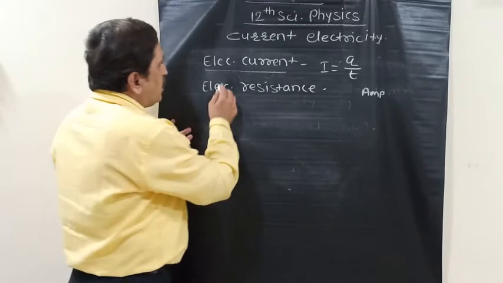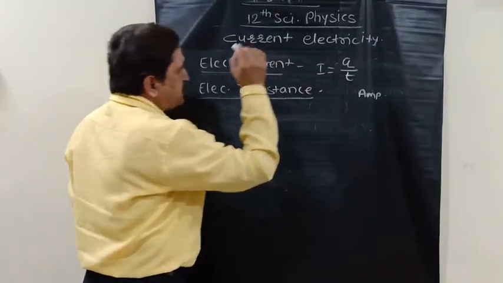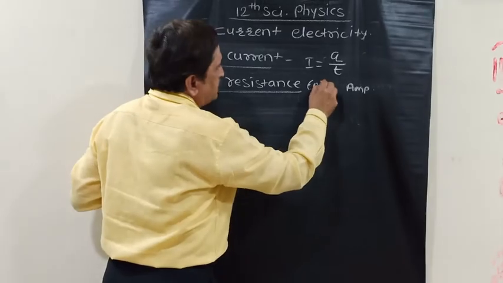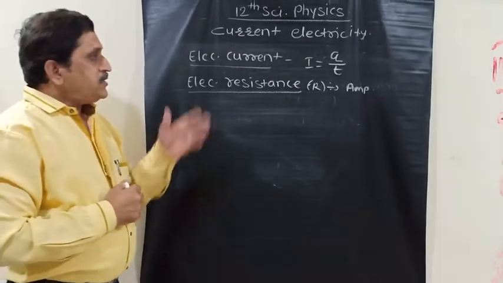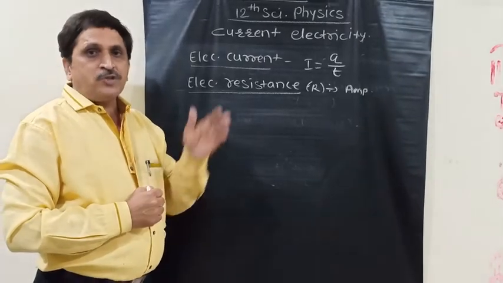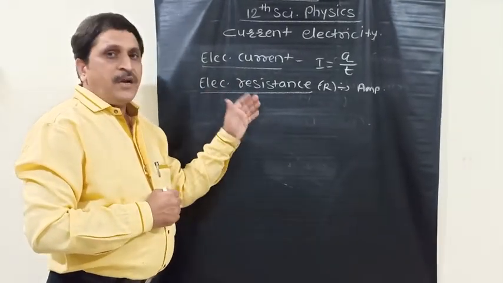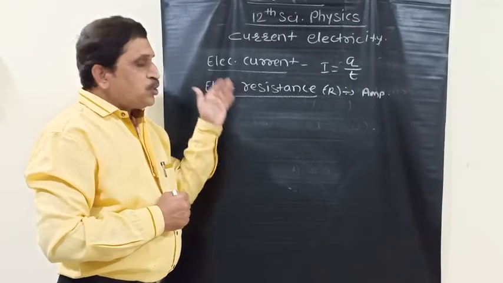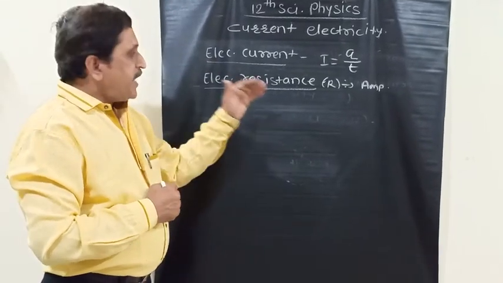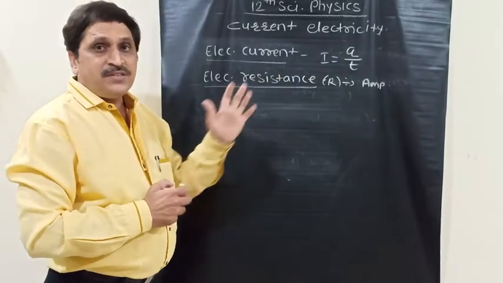Now electric resistance means what? Electric resistance is the property of a material. Because of that property, that material opposes the flow of electric current. The material which shows such a property is known as a resistor.